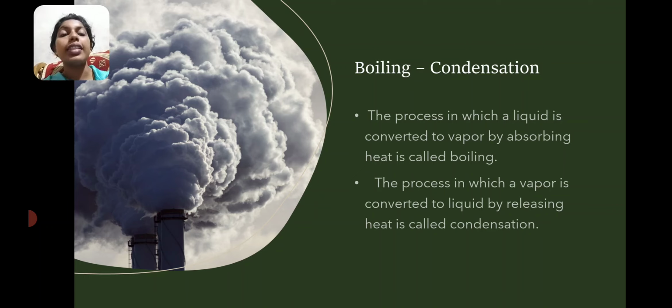Next one is condensation. Condensation is the process in which a vapor is converted to liquid on cooling. Water vapor emerges from the hot food and goes up. The plate covering the food item is at a relatively lower temperature than the hot food.